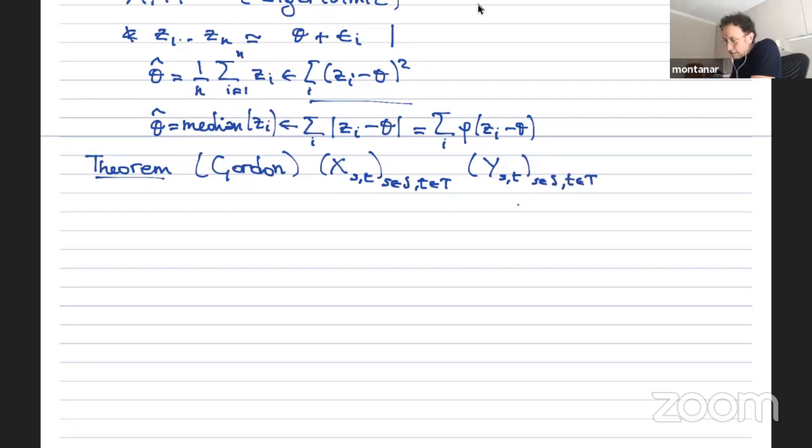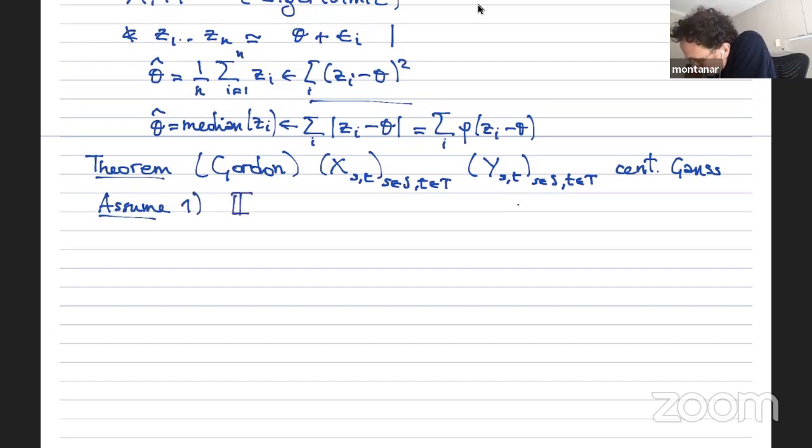These are indexed by some finite sets, and they are centered, and T and S are finite. And you assume the following: first, that the variances are equal.